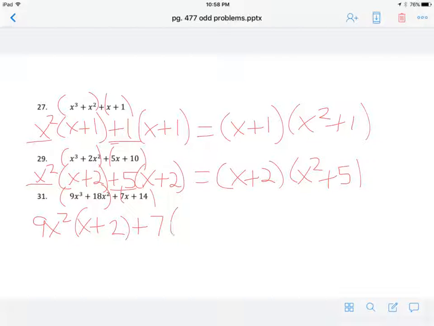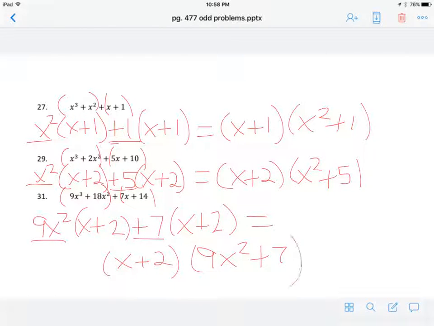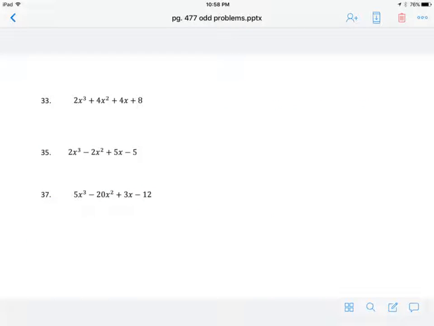Second parentheses, you should also factor out a 7. You're left with 7 times x plus 2. Last step, factor out your x plus 2 from both of them, and then combine 9x squared and plus 7. Okay, that's number 31.